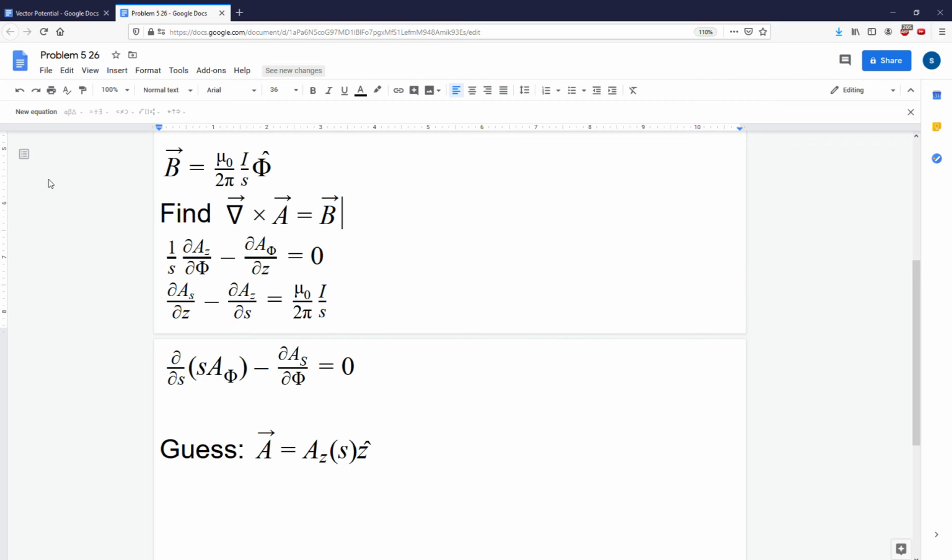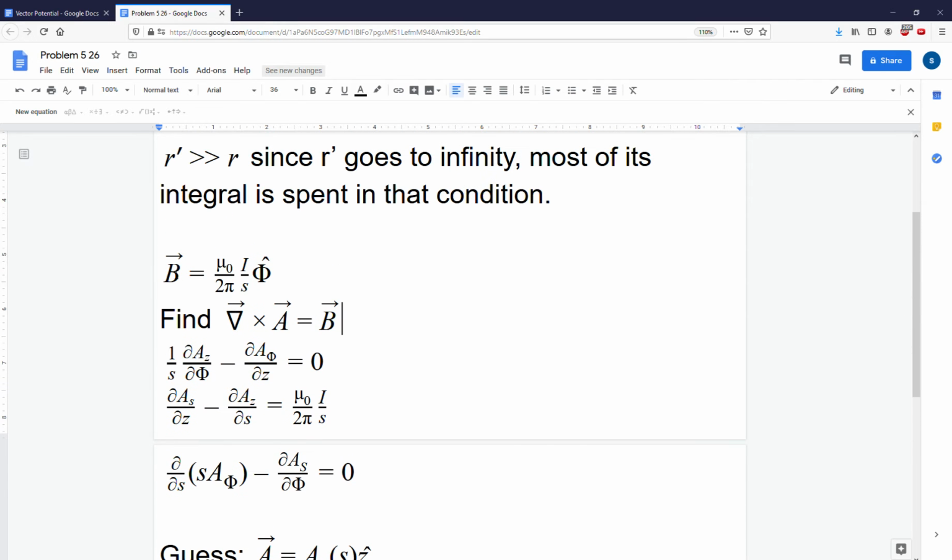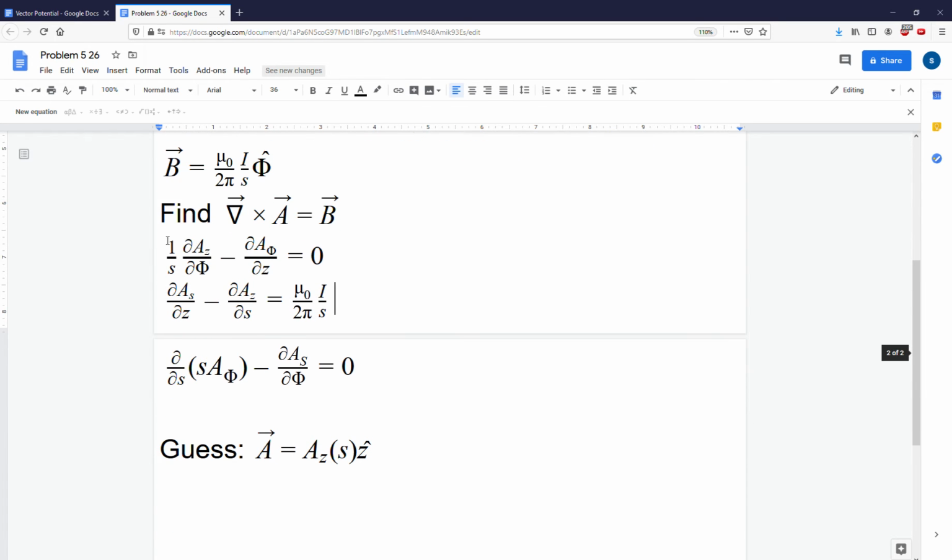We want the curl of A to equal B, so we want the S component and the z component of this curl to be 0. And we want the phi component to equal this right here.